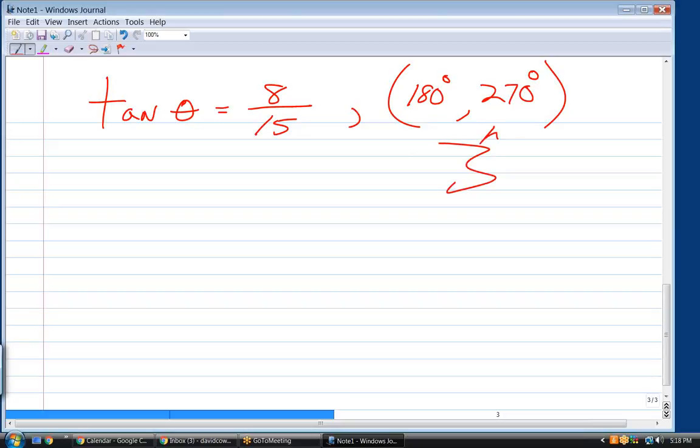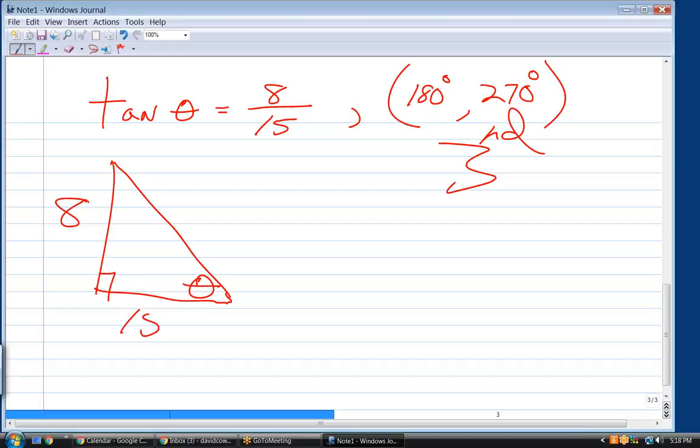Correct. Okay, so first thing, they want to know the same thing, what the sine, cosine, and tangent of 2 theta are. Correct. Okay, so we know that to get the sine of 2 theta, we need to know what the sine of theta and the cosine of theta are. Yes. So let's do this step. The opposite is 8, the adjacent is 15, and then 64 plus 15 squared.